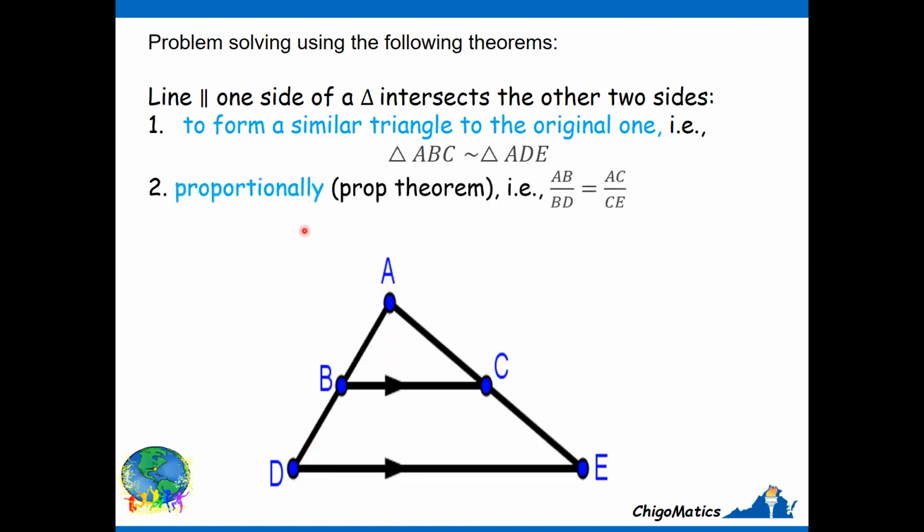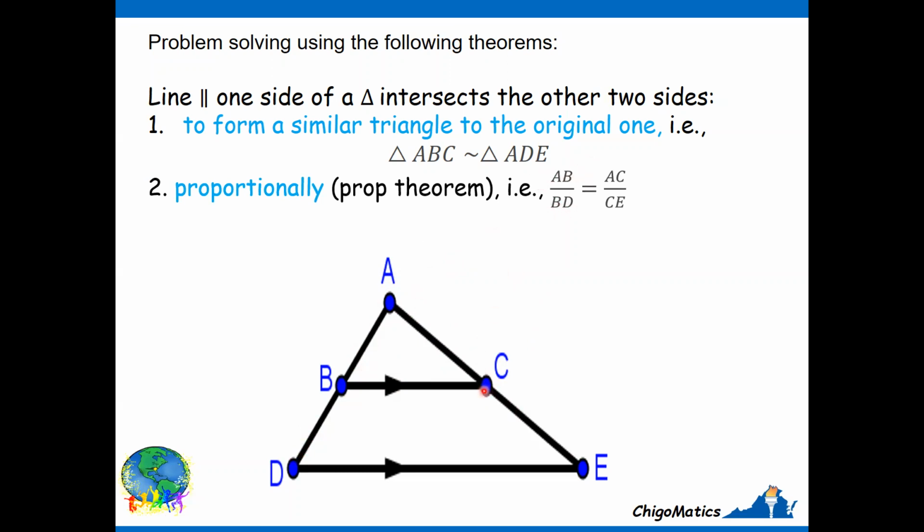The second theorem is that when it intersects these other two sides, they are divided into given ratios. That means point B divides side AD in a ratio that is AD over BD.